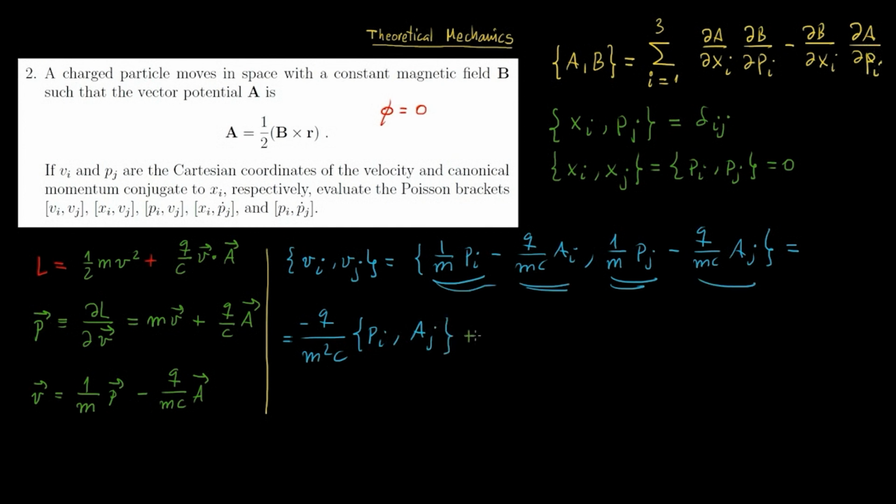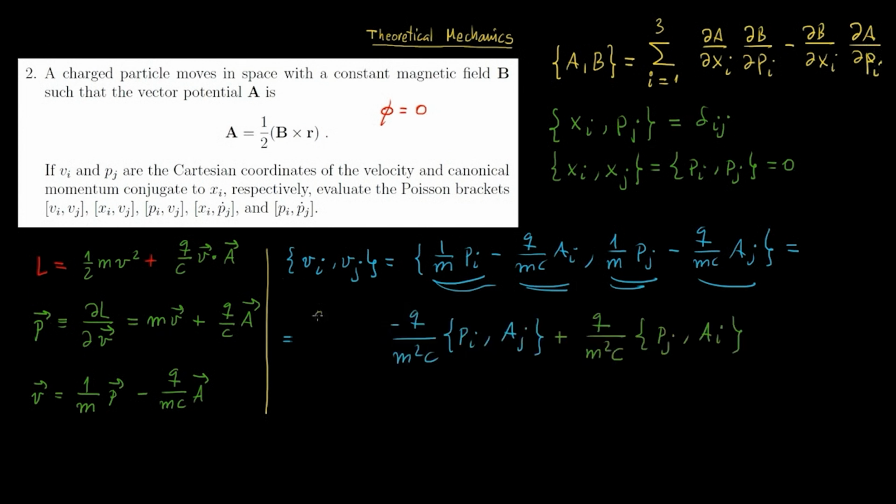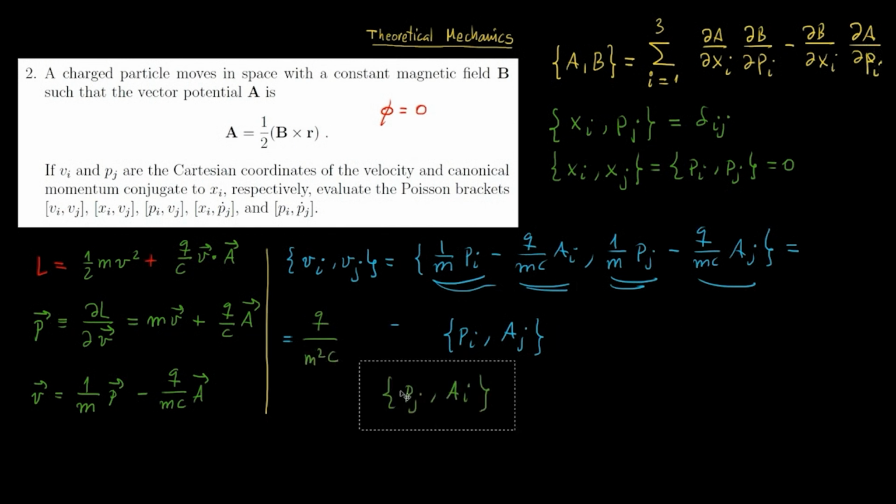We will write plus q over m squared c {p_j, A_i}. So let's factor out this constant q over m squared c. We will write it in this way because I like it more.